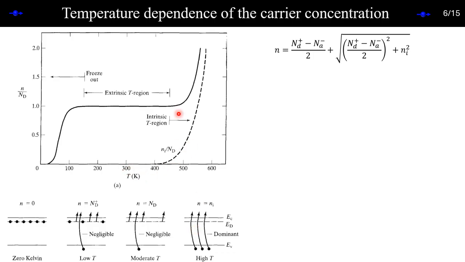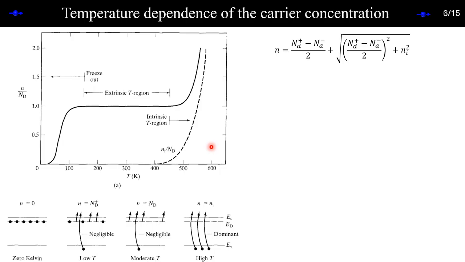That means at very high temperature, suppose Ni at room temperature for silicon is 10 raised to 10 and our doping is 10 raised to 15. I said that at room temperature 10 raised to 15 is the electron concentration for this case. Now if I increase the temperature to 600, what will be the intrinsic carrier concentration at that time? You can calculate.